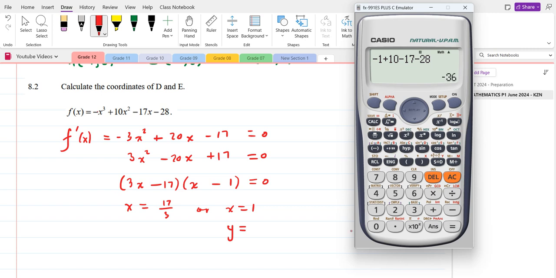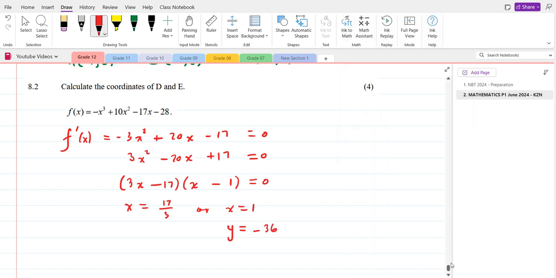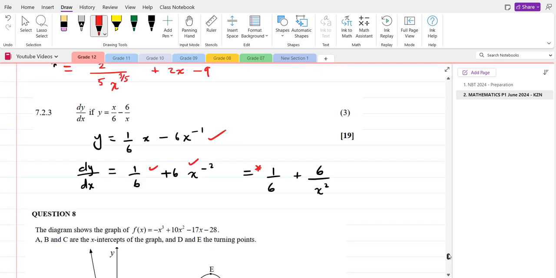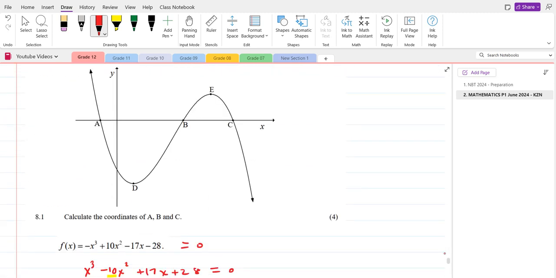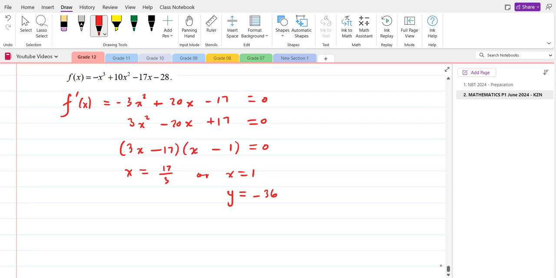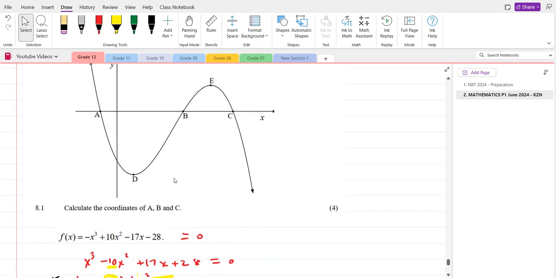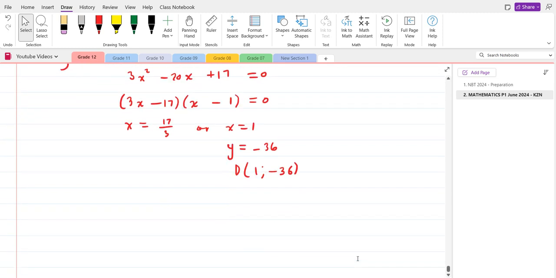I got negative 36. So where's 1 and negative 36? That's the coordinates of D. Right, and that's the minimum value, local minimum.